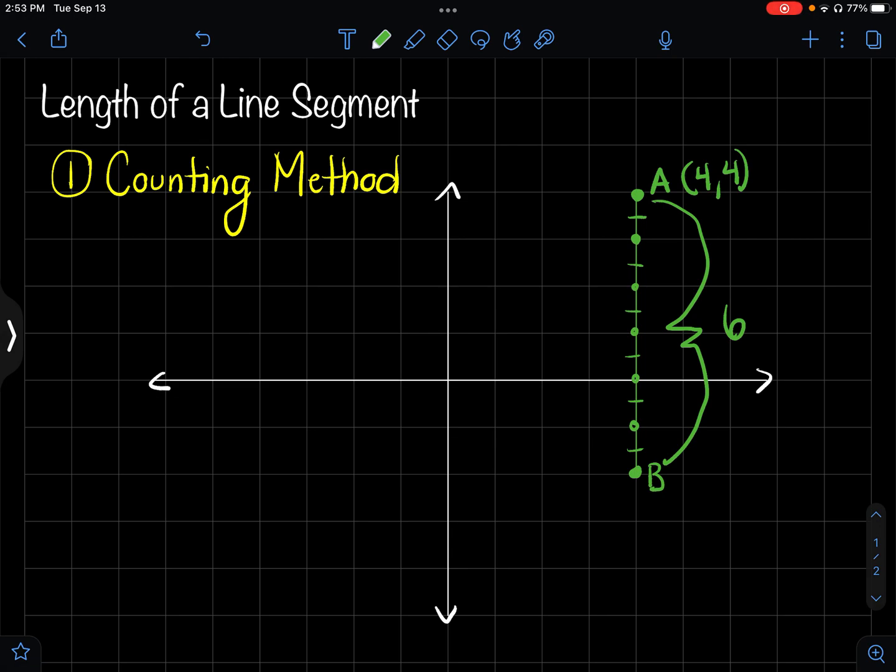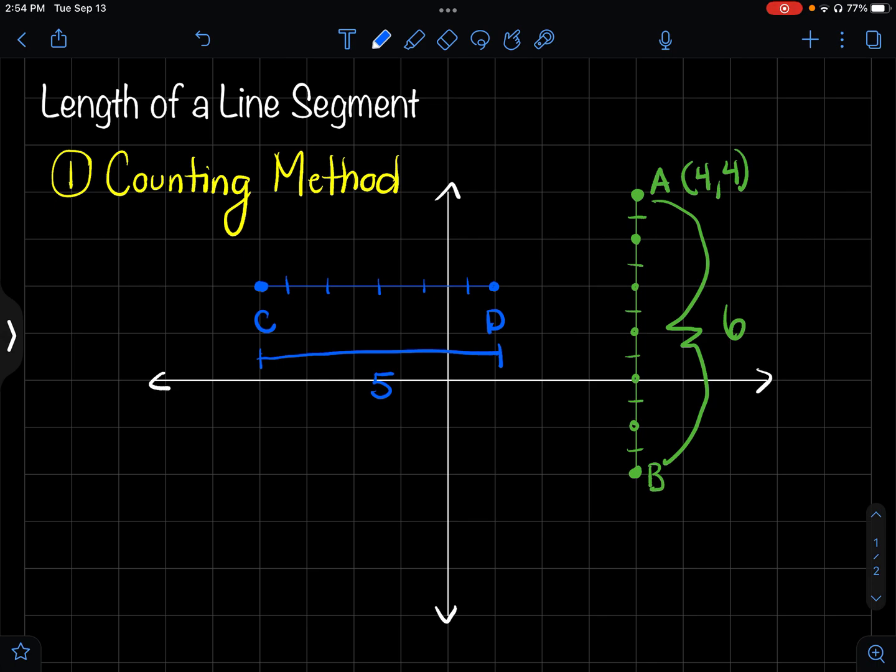We can apply the counting method to horizontal lines. So let's say I have a different line segment that looks something like this. We'll call this C and D. If I have a horizontal line, I can simply count 1, 2, 3, 4, 5. So this line segment would have a length of 5.